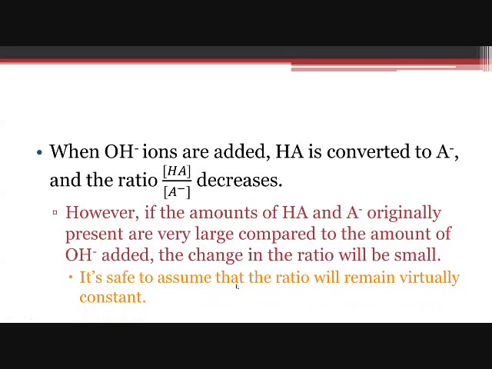But it's important to note if amounts of the acid and conjugate base originally present are very large compared to the hydroxide added, the change in the ratio will be very small. So it's safe to assume that the ratio will remain virtually constant if the amounts are very, very large compared to how much hydroxide is added, which we had very little hydroxide added compared to the amounts in example 17.